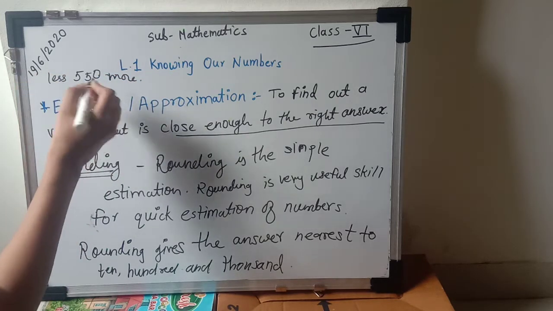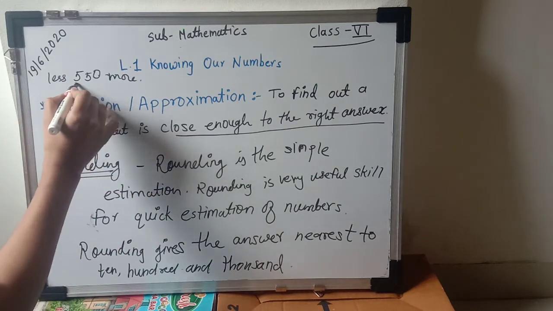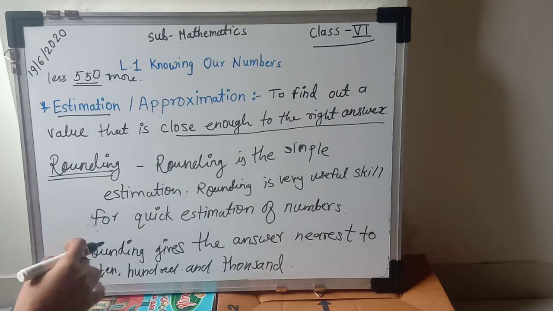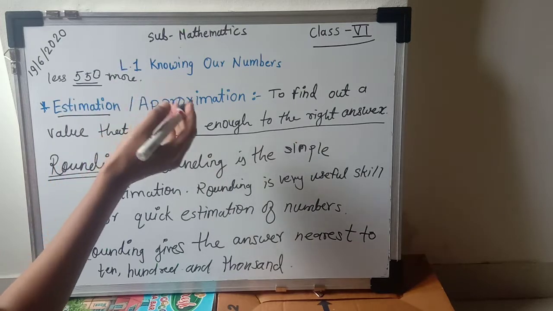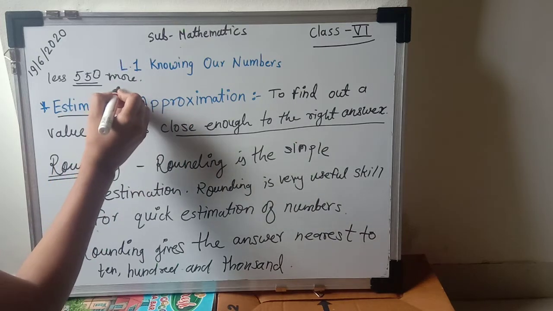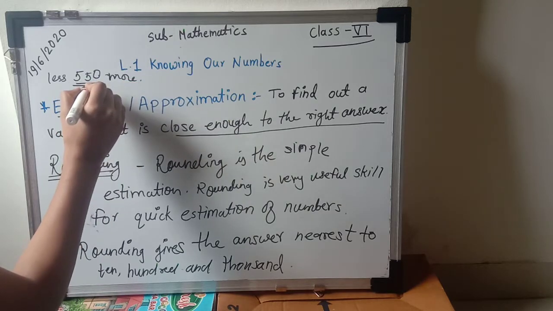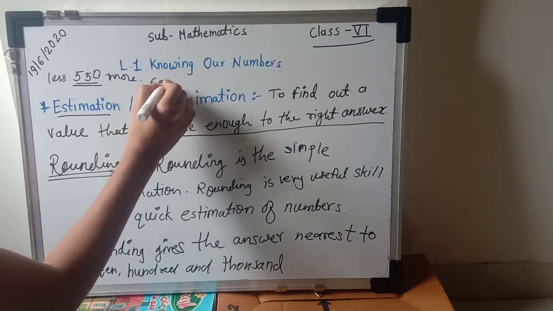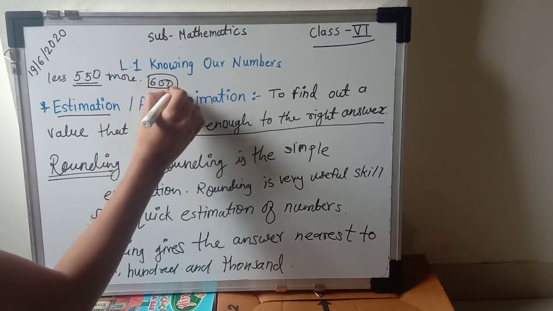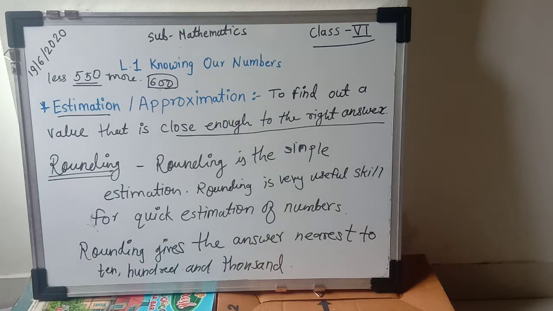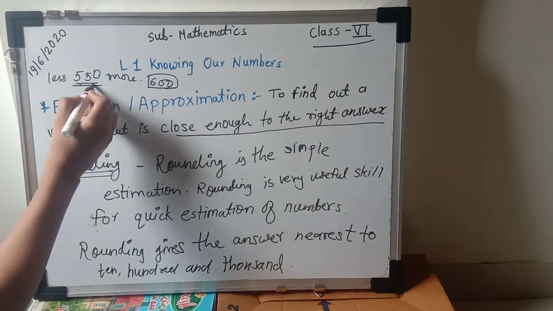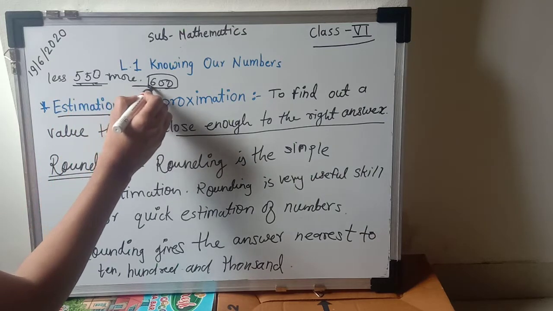So when we buy anything, we always carry more money. If I round up this 550 to 600, then 600 is the rounded number for 550, because this number is nearer to 600.